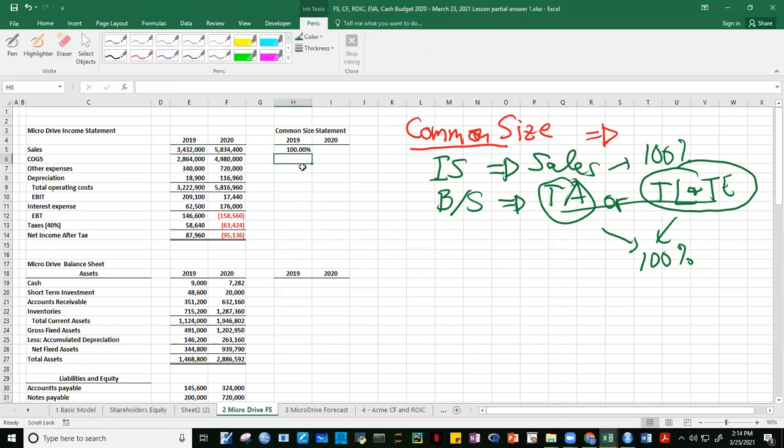So magiging ano siya, 100%. How about this, guys? Your cost of goods sold for 2019 divided by sales 2019. So it always will be divided by sales 2019.